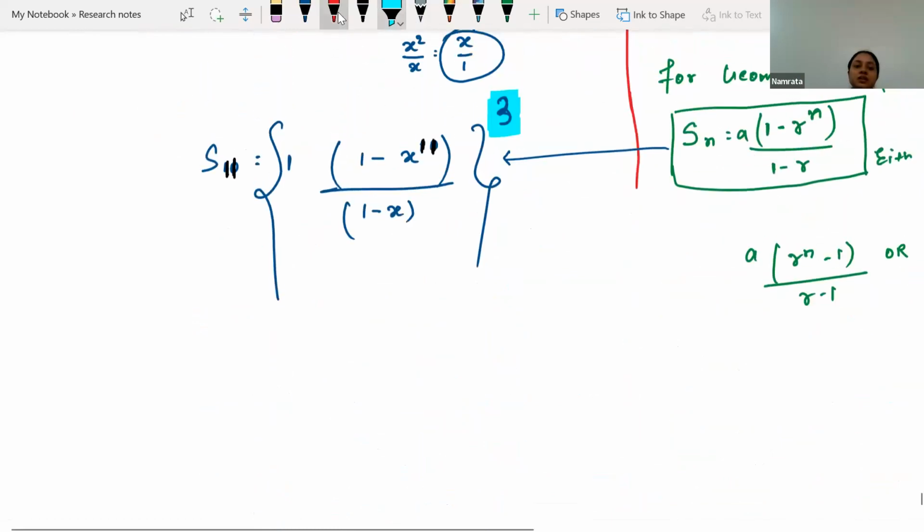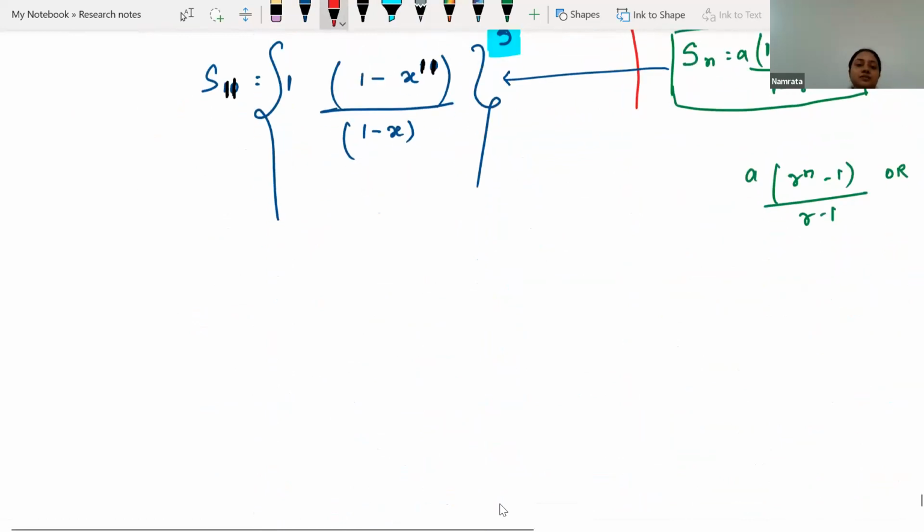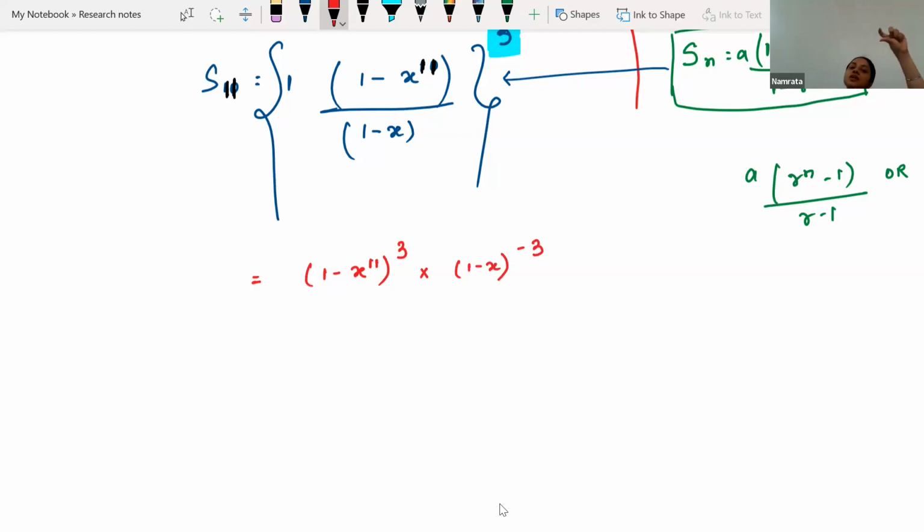Now let's simplify it. So we will be having 1 minus x to the power 11, that's power 3, into 1 minus x to the negative power 3. Can I write that? When I am taking this denominator's term to the numerator, if we distribute the power to numerator and denominator, numerator will take power 3, denominator will take power 3.